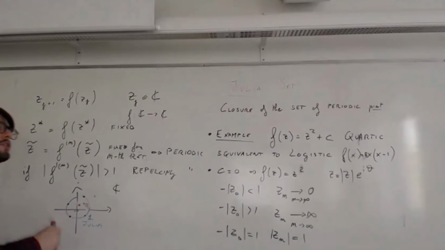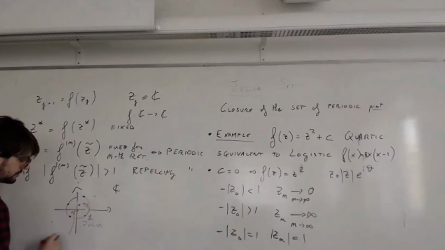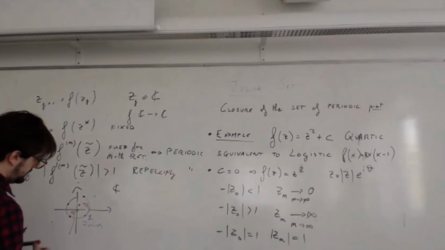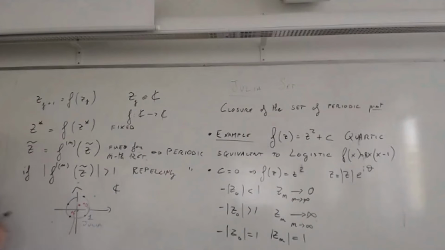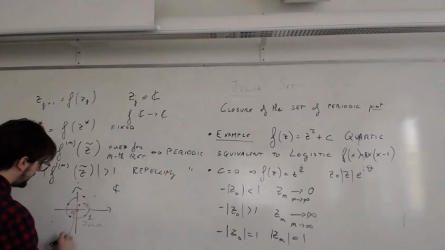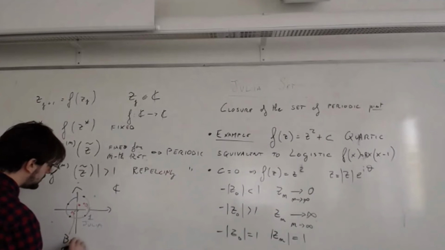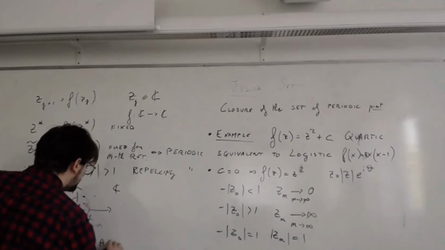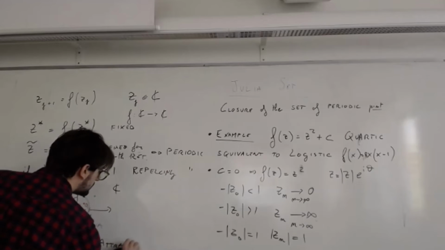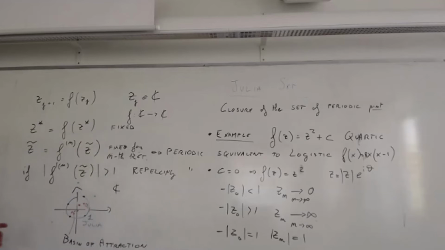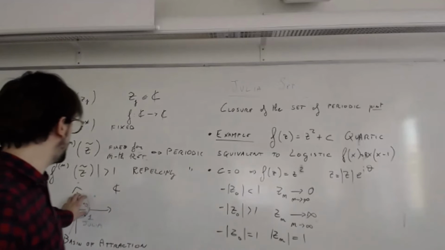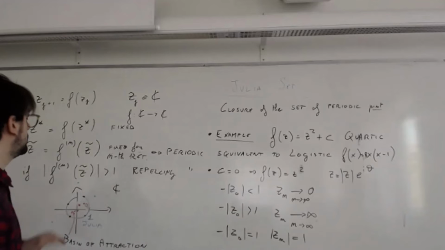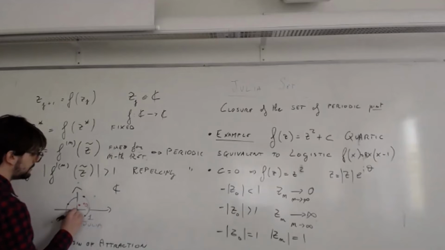I know that you told me not to write in red, but it's such a useful color. So the thing that is inside the circle is defined as the basin of attraction. Because if you put a point inside the unit circle, it will fall down to your attraction point, which is 0.